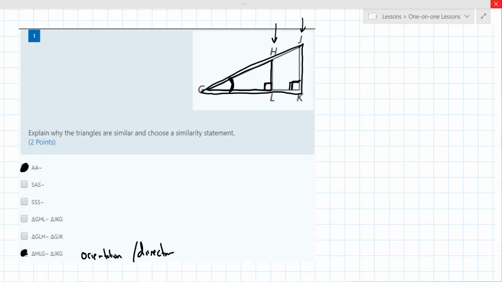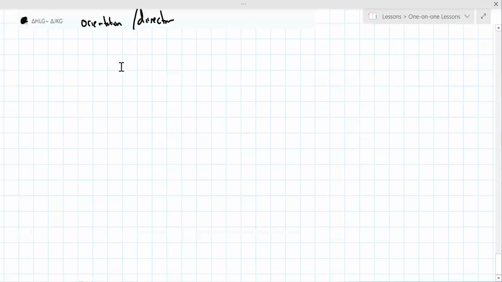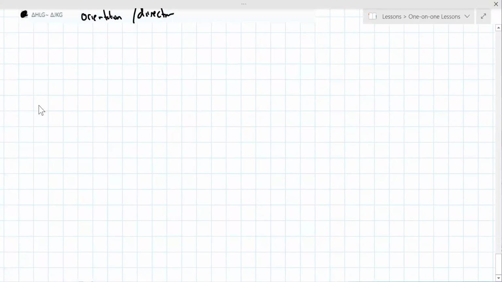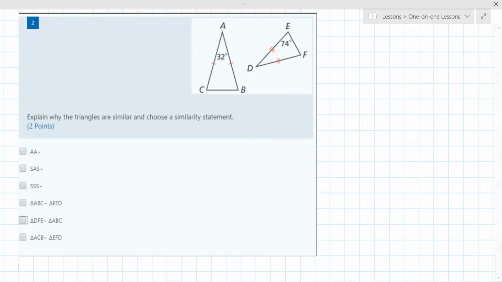All right, let me grab number 2. You got some things here that are not conveyed very clearly. This other angle here is 74 degrees because it's an isosceles triangle.